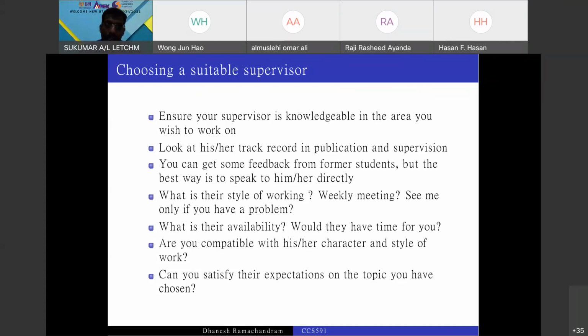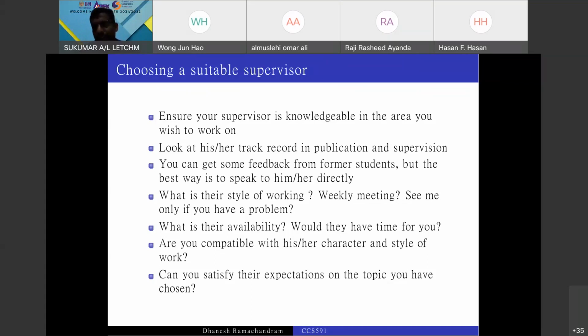Look at his or her track record in publication and supervision. I mentioned it before. You look at all his publications and also the supervision that he did before. You can get some feedback from former students. Normally students will check this, especially students coming from overseas. They will ask their seniors. But the best way is to speak to him or her directly.